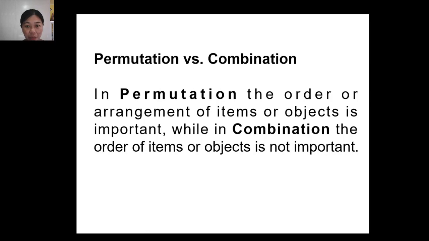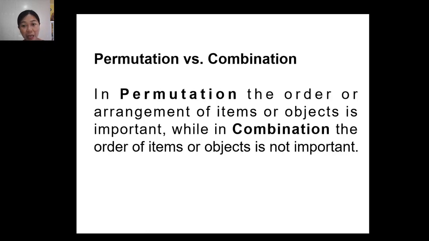So, yun ay permutation. Pero pag sinabi natin combination, the order of items or objects is not important. So, kung pipili ka lang ng tatlo na hindi mo naman kailangang i-arrange kung sino yung first, second, and third, you just select 3. So, the order of items or objects is not important.